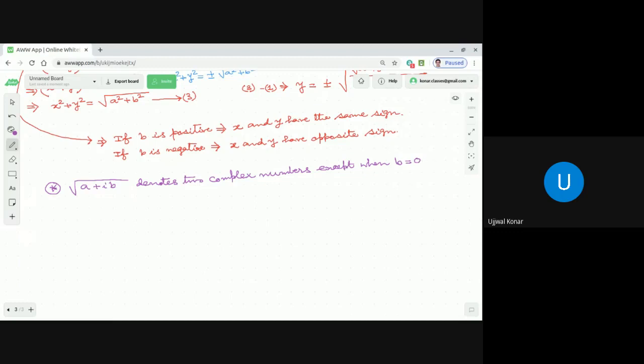And in that case, square root of a denotes one complex number, correct? Square root of a, because there is no b there. In that case, square root of a denotes one complex number.